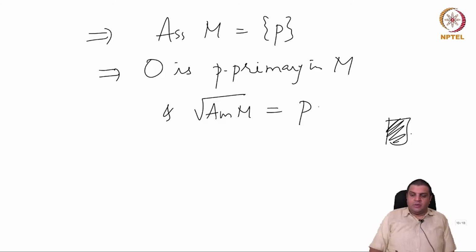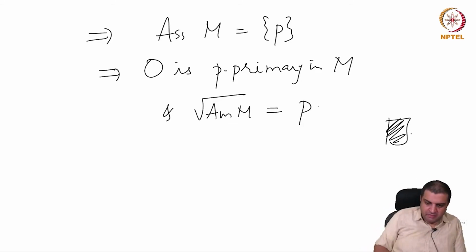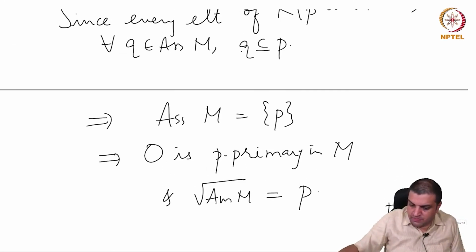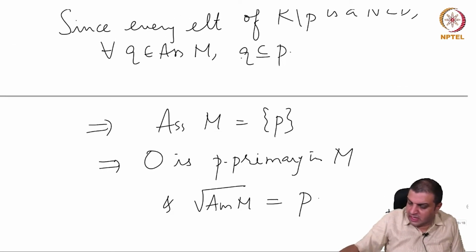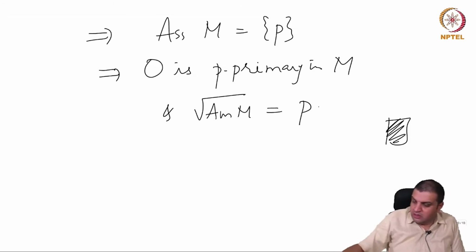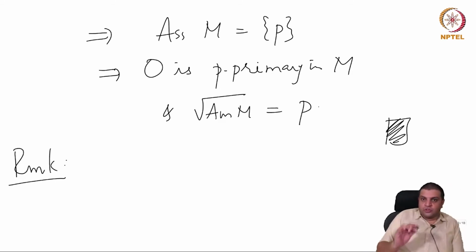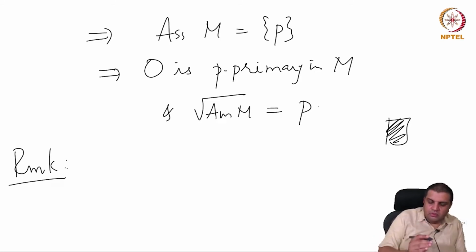Okay. So one can think of it in the following way. So what does it say? I mean, what do elements inside R look like on M? So remark, this is what a primary submodule of a module means.